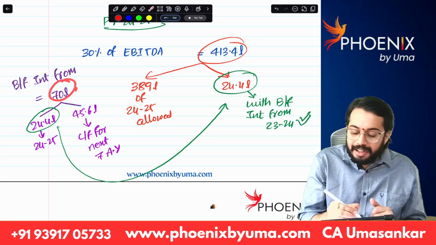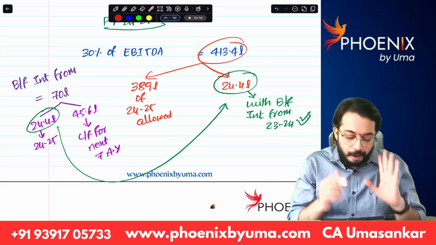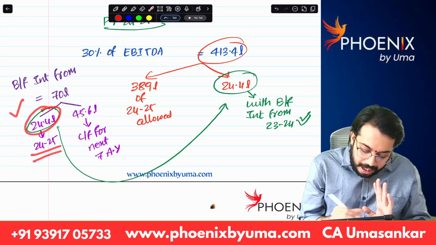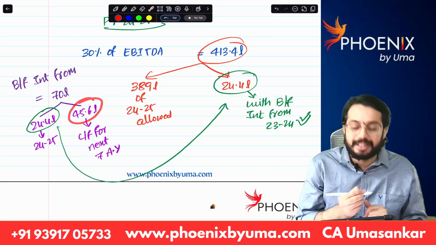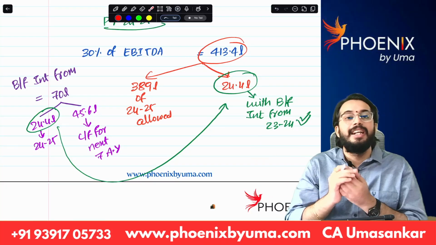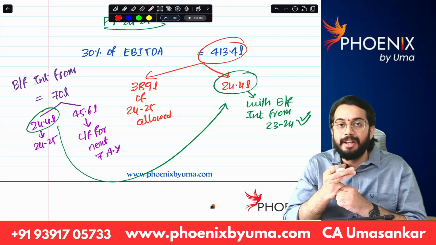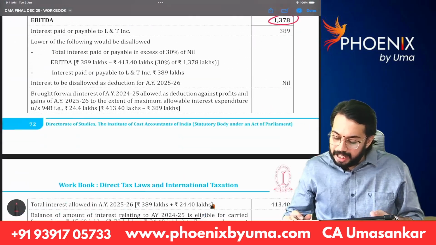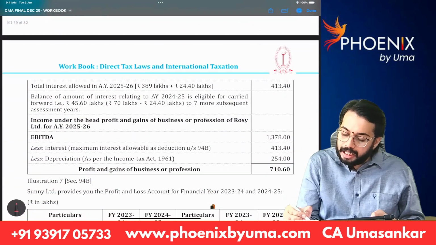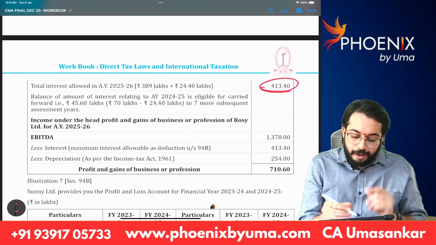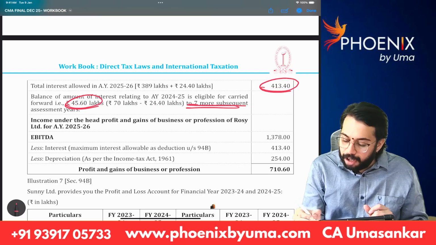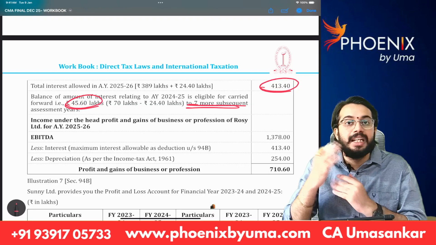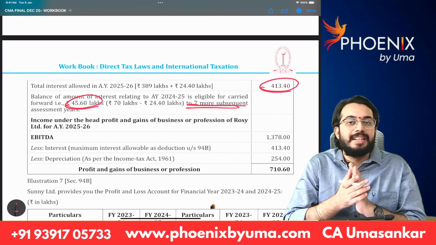So, out of 70 lakhs, you have set off 24.4 lakhs in 24-25 and balance 45.6 lakhs you will carry forward for next 7 assessment years. Are you able to understand? So, that's the answer. You can see 413.4 lakhs, and 45.6 lakhs will be carried forward for 7 more subsequent years. Now, did you understand?